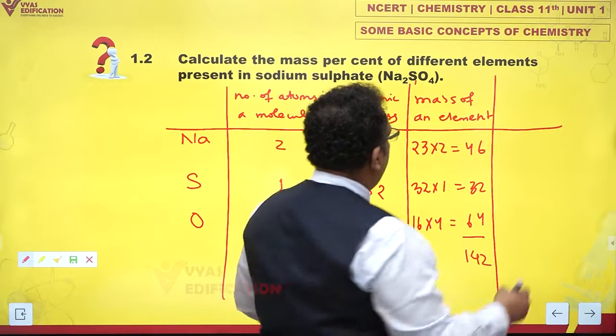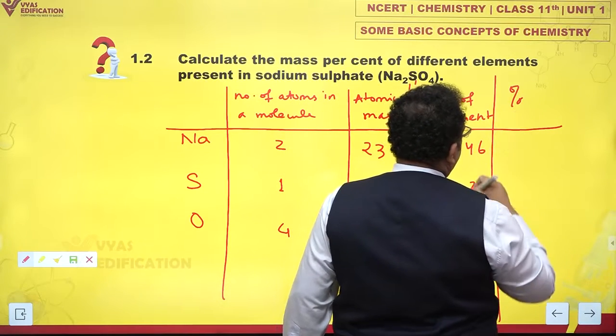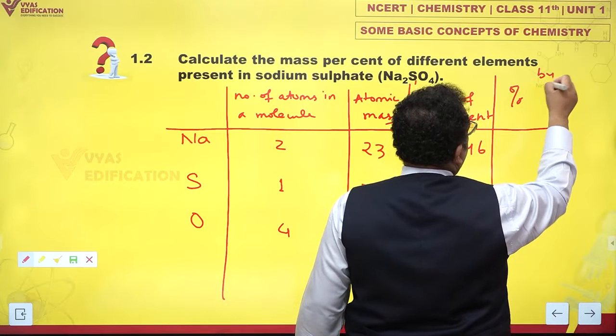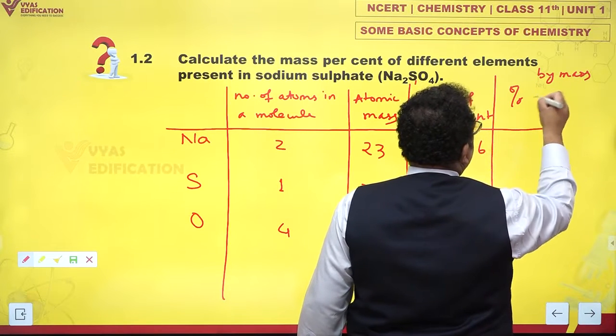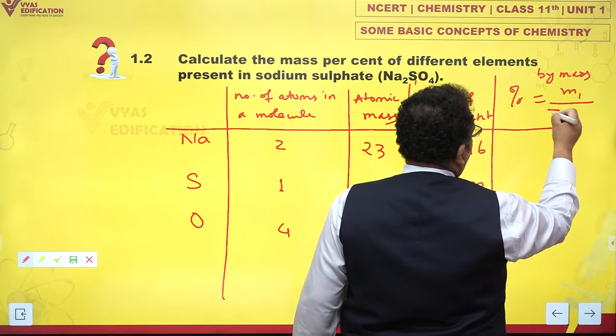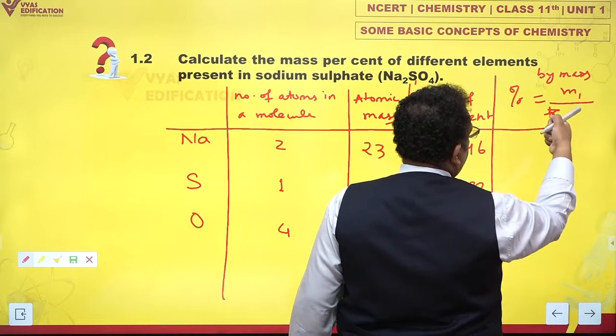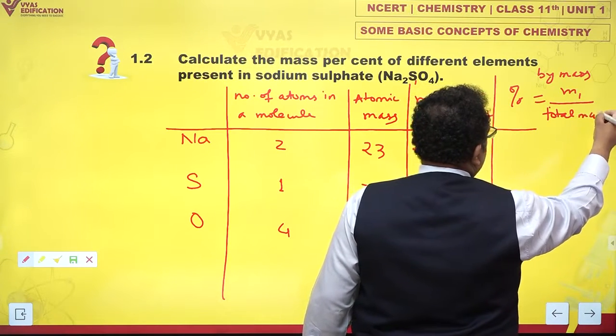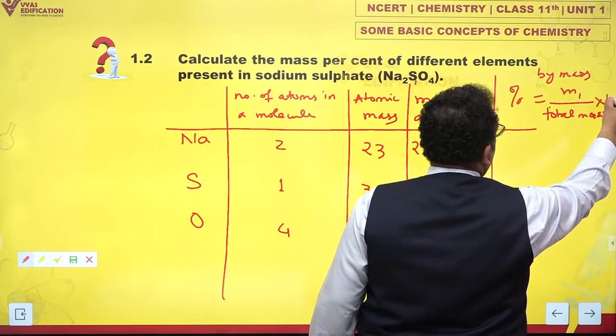Yes, I can. Percentage by mass is mass of any one thing divided by total mass, into 100. That is the formula.